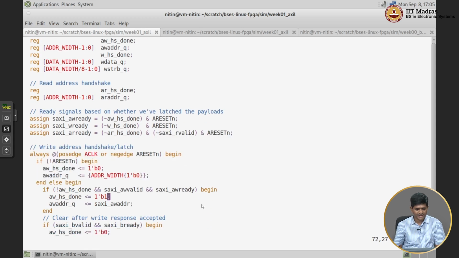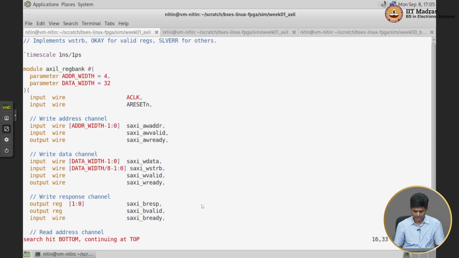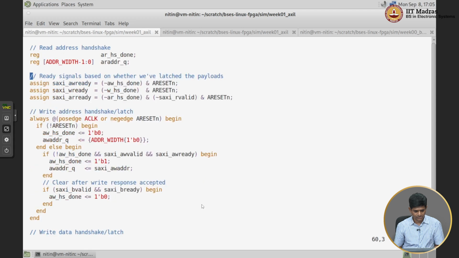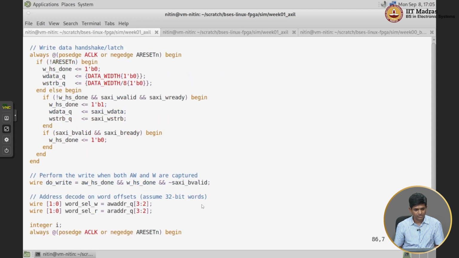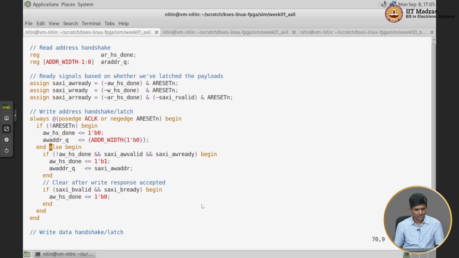this part of the code, which corresponds to the write address, so I am not going to go over it again. The important part is that the write address handshaking happens over here.